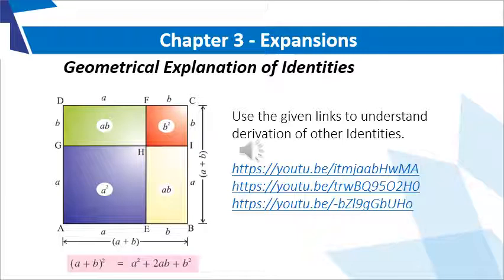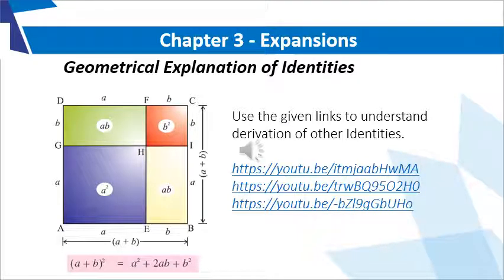Identities can be explained using geometrical figures. Observe the given square. Each side of the square has been divided into two parts, A and B. The area of the square will be the sum of the area of the blue square, that is A square, area of the red square, that is B square, and the area of the two rectangles AB.